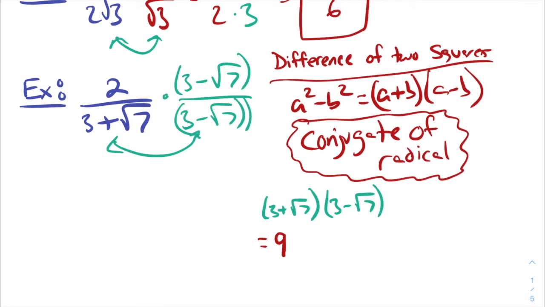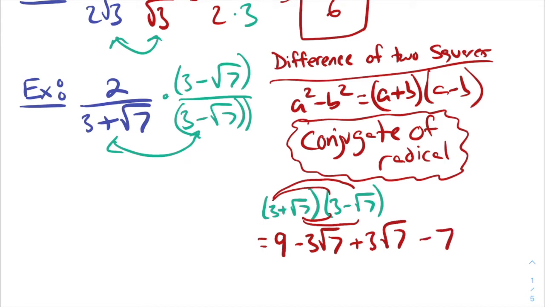Then 3 times negative root 7 is minus 3 root 7. Now the insides, plus 3 square root of 7, and then our last ones, root 7 times negative root 7 is going to give me a minus 7.